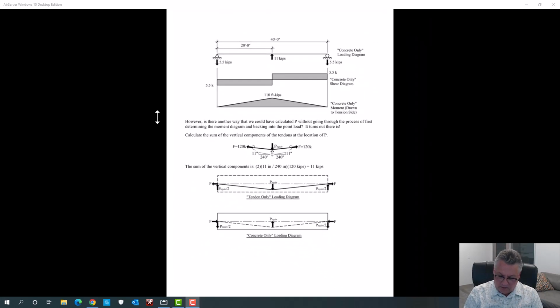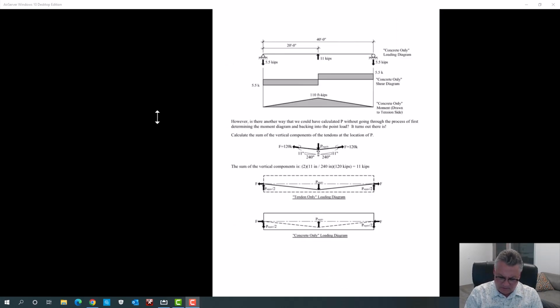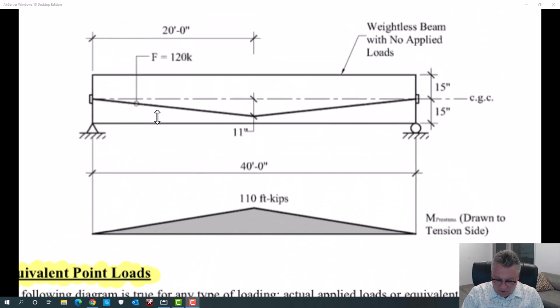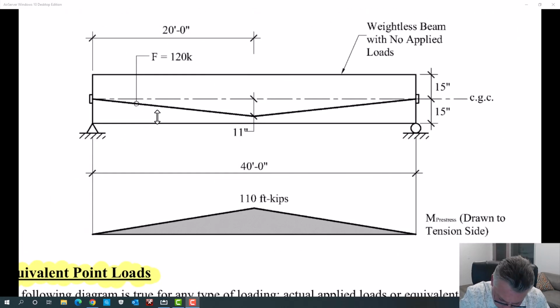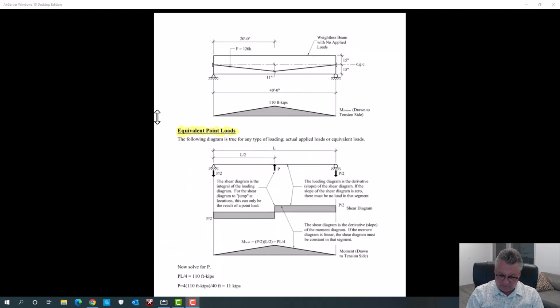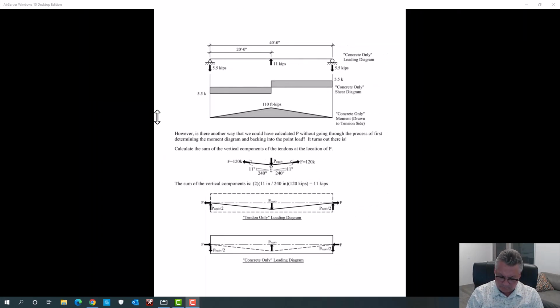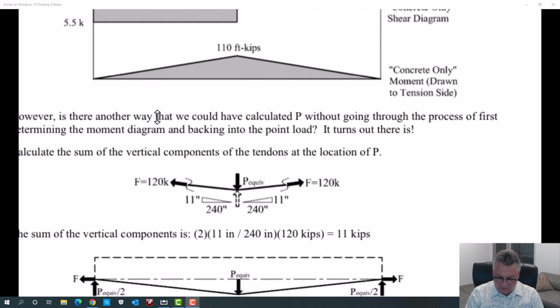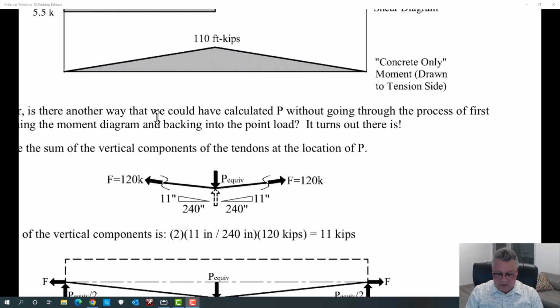What we could have done is started back with just that 120 kip force and the slope of those tendons. So if I do that, I just say there must be an equivalent load holding this tendon in place.